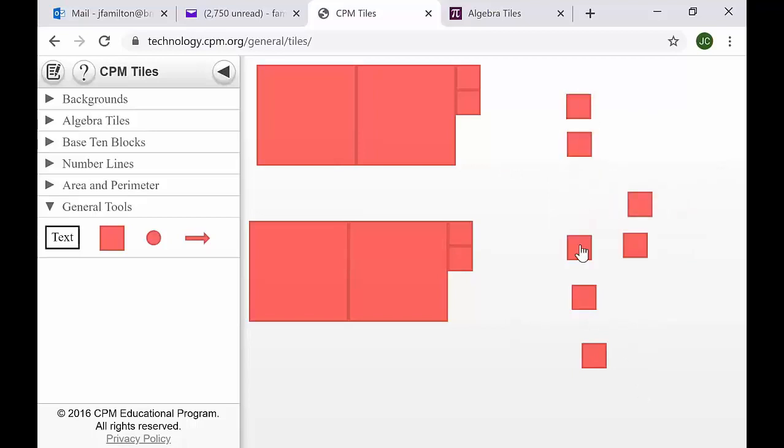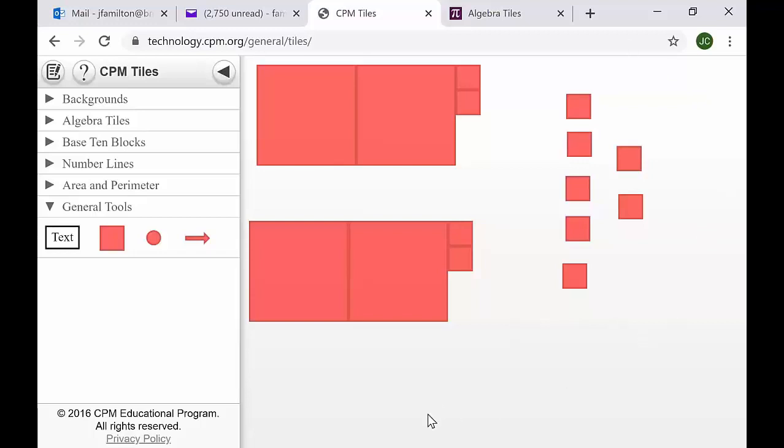So that rod we have to break into 7 units. So that says this would be equivalent to 1 base 10 flat. This would be equivalent to 2 base 10 flats. And this will be equivalent to 7 units.